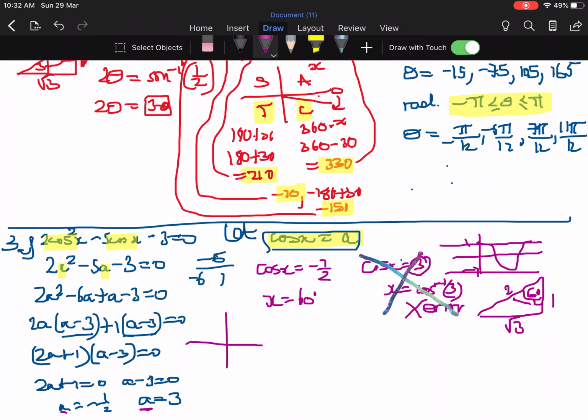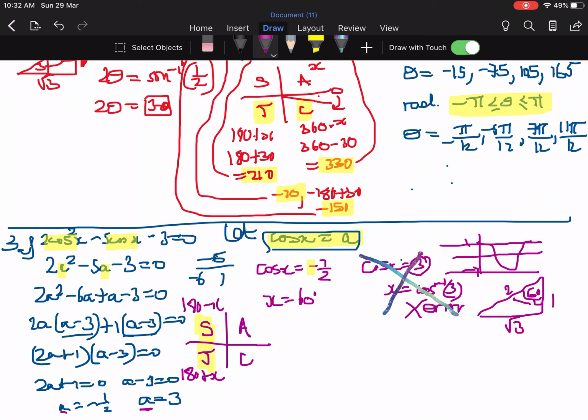Now, again, I don't do anything with that 60 just yet. I draw out my CAST diagram, and because it's negative, I'm not going to do the all in the cos quadrant. I'm going to do the sine and the tan quadrant. So this is 180 minus x, and this is 180 plus x.